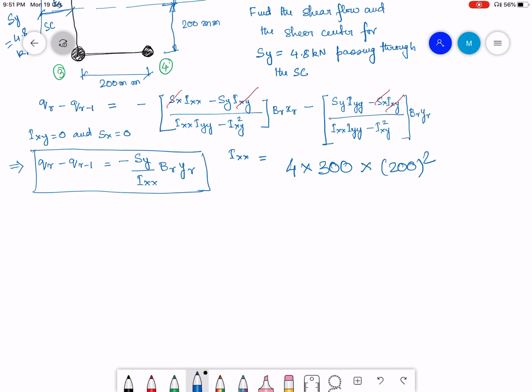If I calculate this, it turns out to be 48 into 10 to the power 6 millimeter 4. So this is my Ixx. I know Sy, I know Ixx. Now I need to find the shear flow. So let me start with flange 1 2.